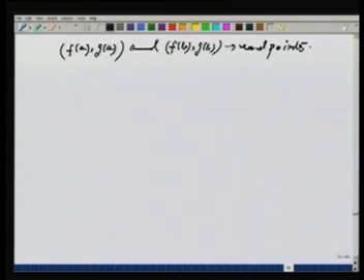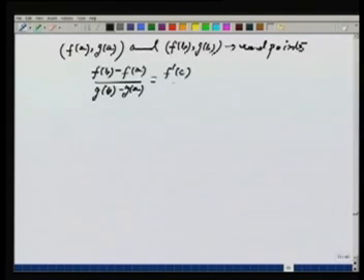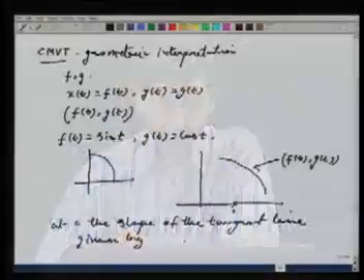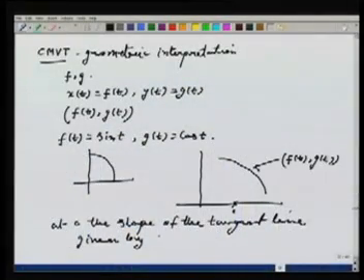Then the slope of the line joining the endpoints is f(b) minus f(a) by g(b) minus g(a). Cauchy's mean value theorem says that this slope is the same as the slope f prime c by g prime c. At the point c, the slope of the tangent line is given by g prime c divided by f prime c.